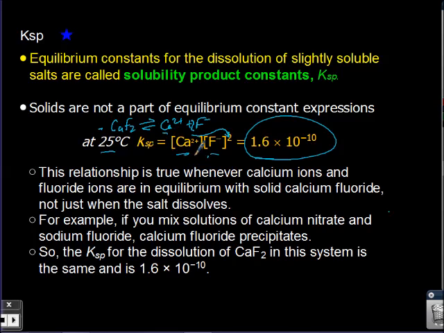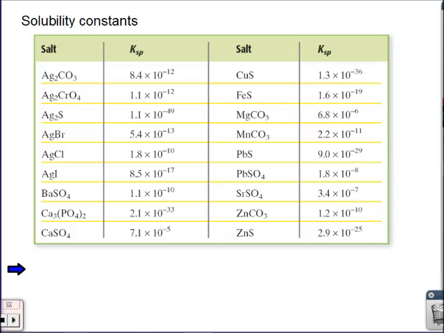This relationship with calcium times the fluorine squared will apply no matter where the ions came from. So some solubility constants, again for slightly soluble salts, range anywhere from 10 to the negative 49th, negative 10th, negative 33, negative 5th. So I have all sorts of different ranges. These are all, again, very, very low numbers.